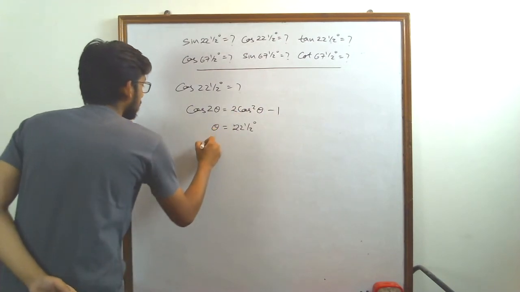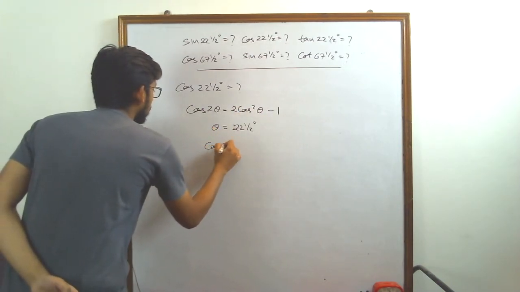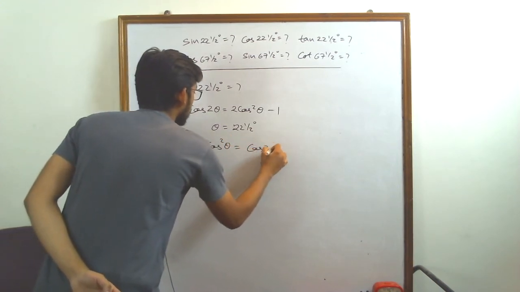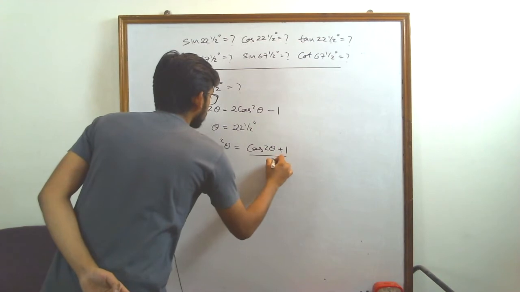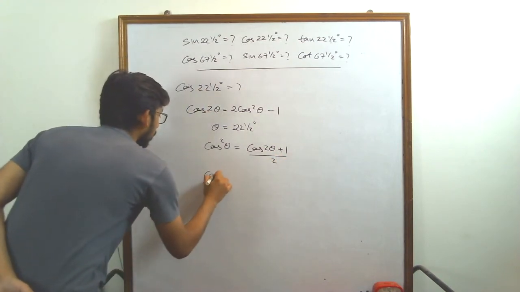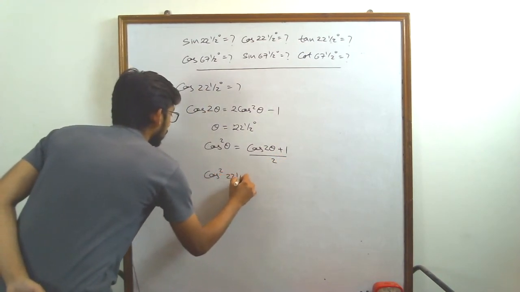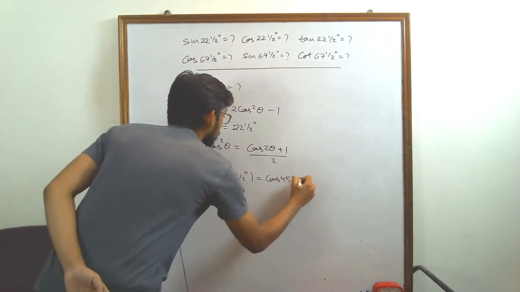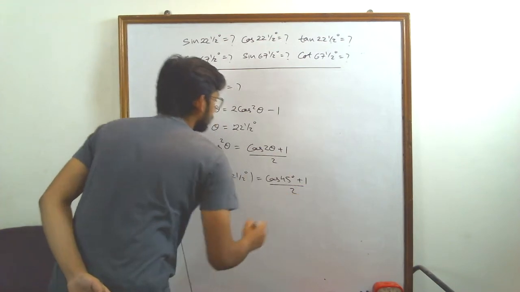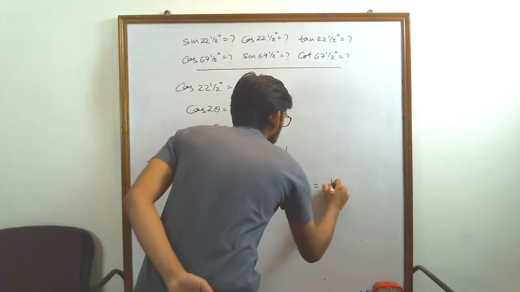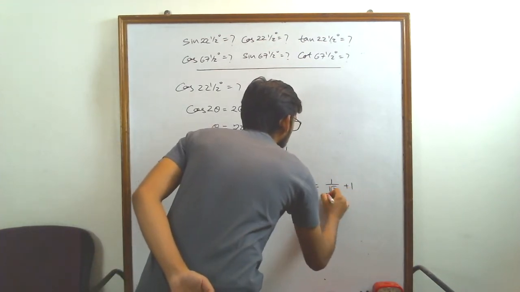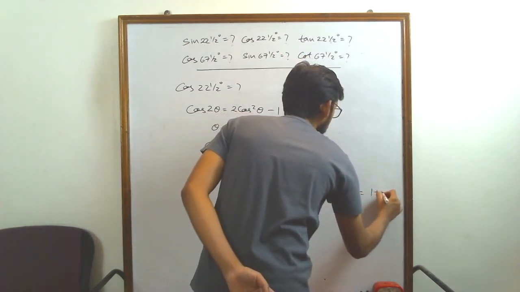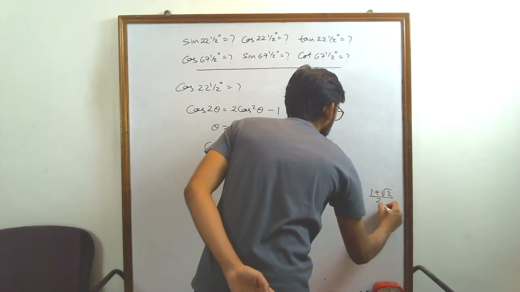Also on simplification, we get that cos square theta is equal to cos 2 theta plus 1 upon 2. That means cos square 22.5 degrees is equal to cos of 45 plus 1 upon 2, which is equal to 1 upon root 2 plus 1 upon 2. So this is 1 plus root 2 upon 2 root 2.